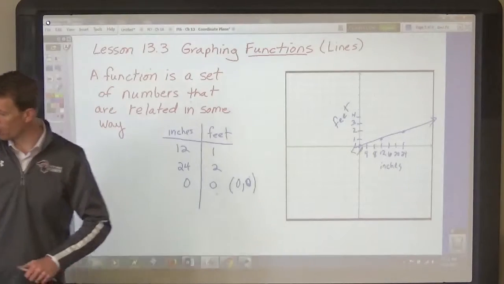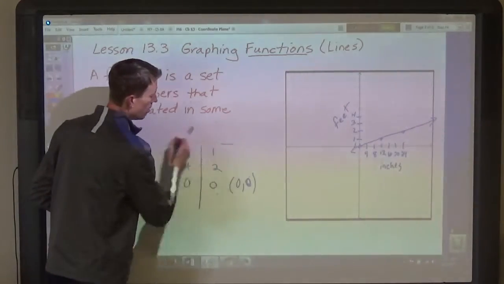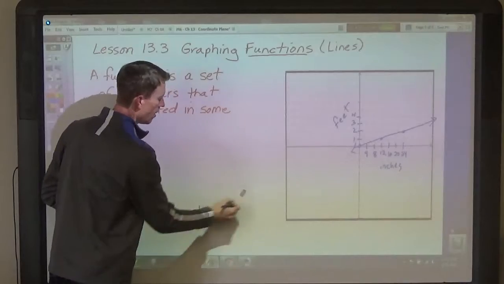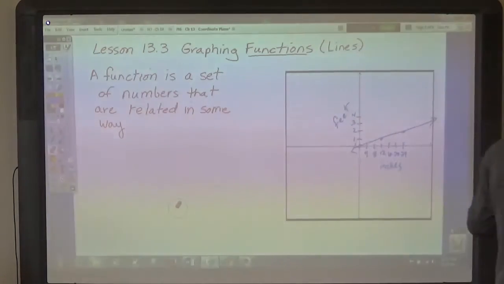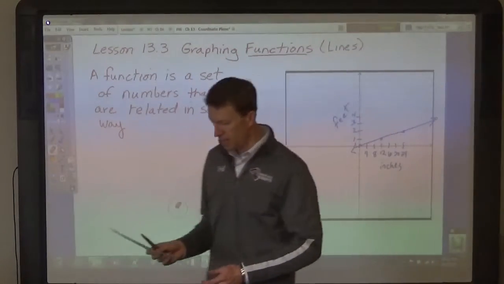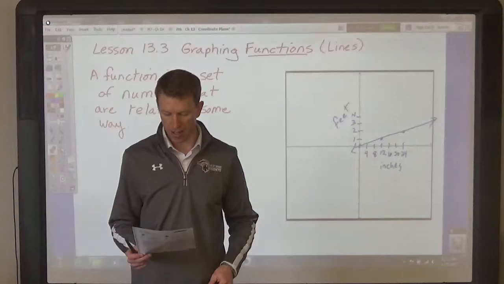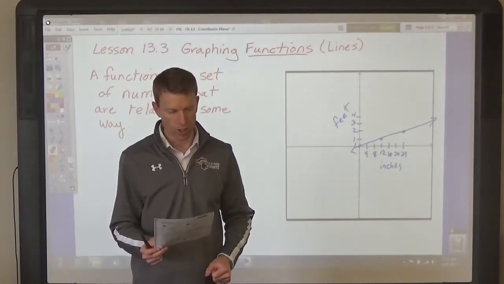And so go to your worksheet. On your worksheet, they list a set of numbers called a function. And in number 1, it says graph the data on a coordinate plane. So we're going to do that first.